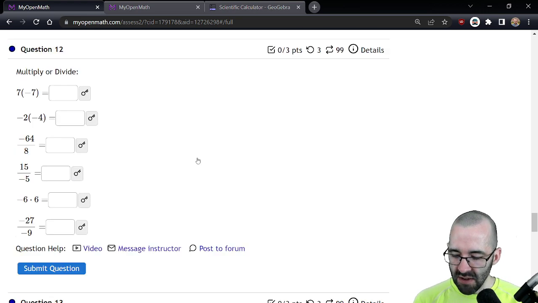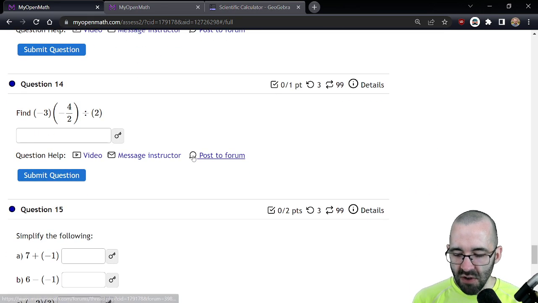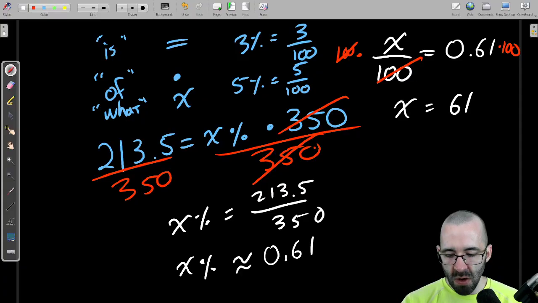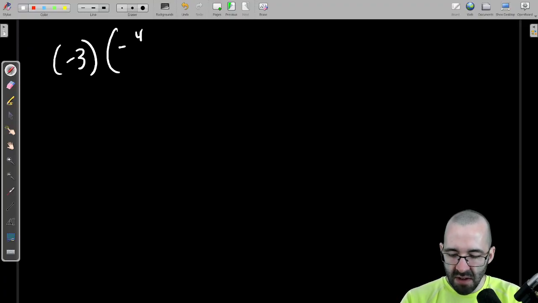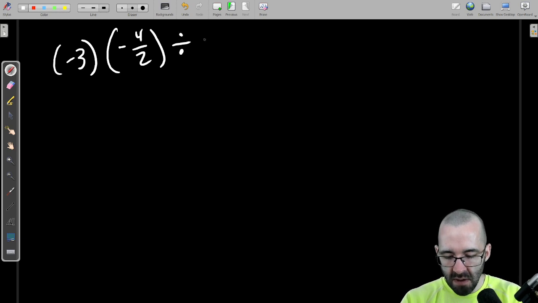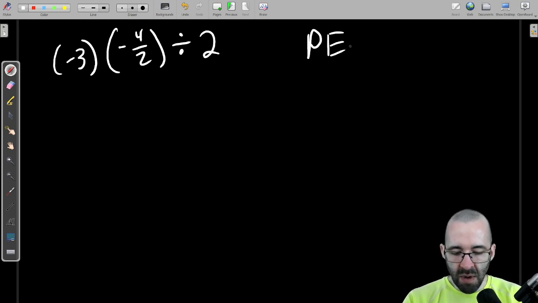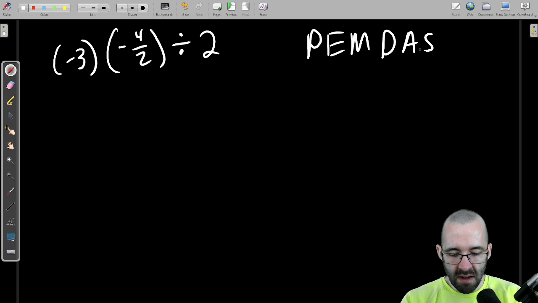Last one I want to look at is some simplification with negatives and fractions. Let's remember our orders of operations. So -3 times -4 halves divided by 2. And again, we can think of PEMDAS.